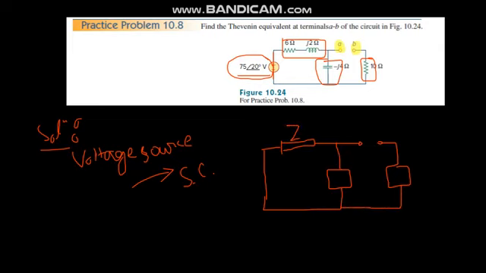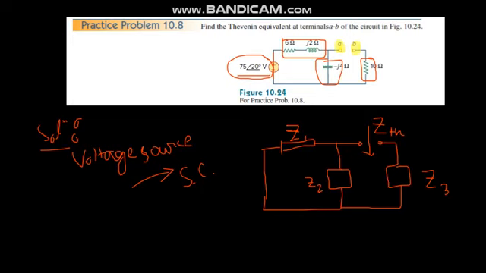It will be Z1, that will be Z2, and that will be Z3. So Z1, Z2 and Z3 have been marked. So you have to look forward in this direction to find out the Z Thevenin, the Thevenin equivalent impedance.